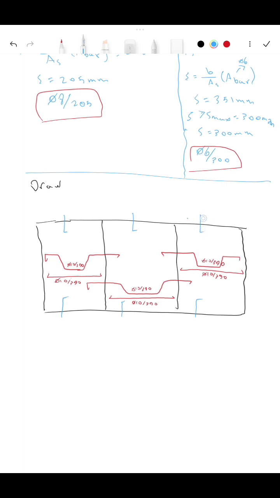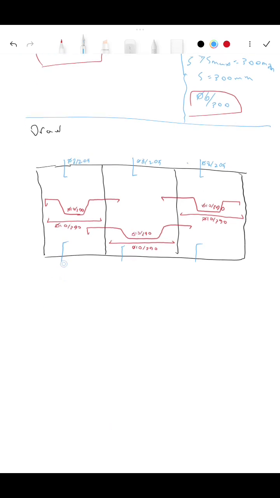All of them are phi 8 divided by 205. It would be better to write it for each one rather than writing it just one time, because it might differ sometimes. Phi 8 divided by 205, and phi 8 divided by 205.